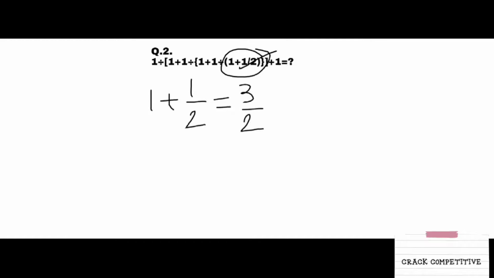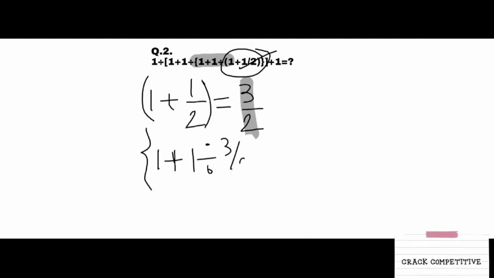Now 1 plus, right? Look at this. Now this part with this. Then what is the second part? And it is a part of the first bracket. Then comes the second bracket, or the curve bracket, whatever you say: 1 plus 1 divided by 3 by 2.